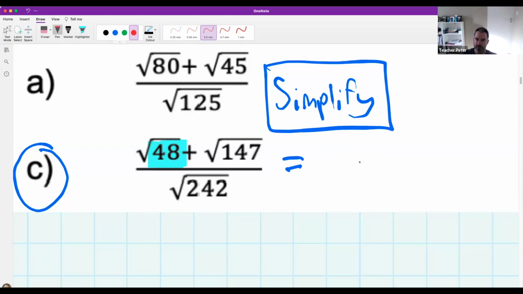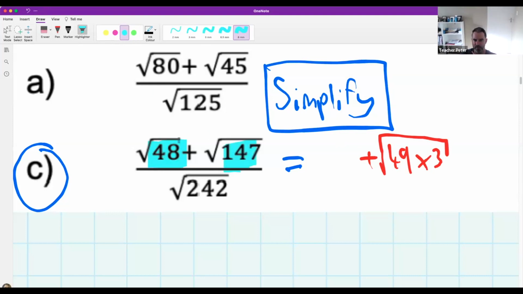What do you think I should use? We can also look at 147, and I'm remembering that 49 is a square number. And so I'm going to help you by saying 49 times 3 is the same as 147. Why is that helpful?